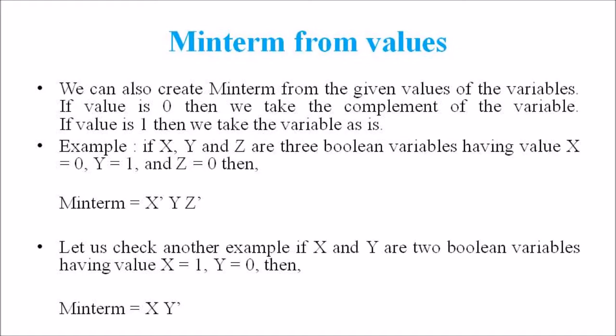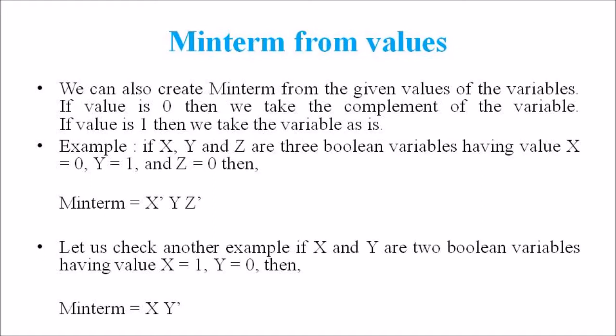For example, if x, y, z are three Boolean variables having the values x equals 0, y equals 1 and z equals 0, then the minterm is x complement y z complement. Since x and z are 0, their complements are taken, and y is 1, so it is taken as is.